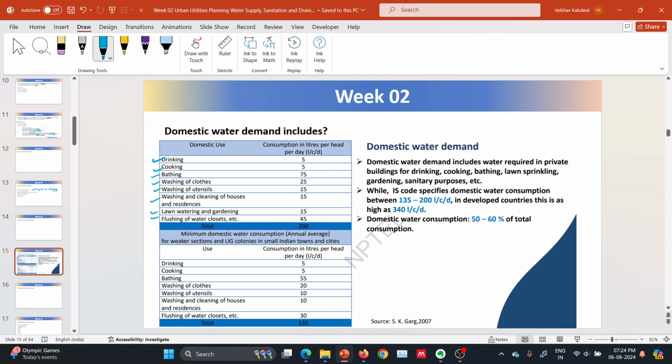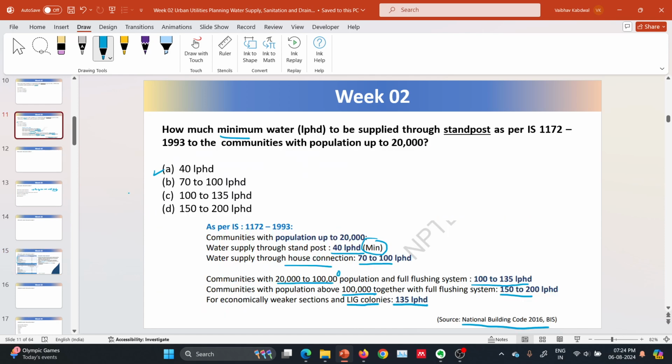This is the toilet flushing. So water closets means your commode, and they have a flushing system. So the flushing system will require more water.